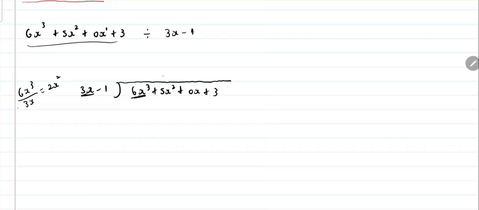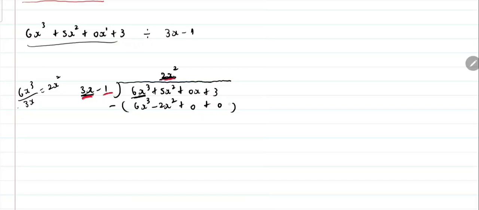Right? Put the 2x squared over the 5x squared. 2x squared times 3x is going to give me 6x cubed. Right? 2x squared times minus 1 is going to give me minus 2x squared. Right? And I'm left with nothing else to multiply, so I'm going to just fill the spaces with 0.